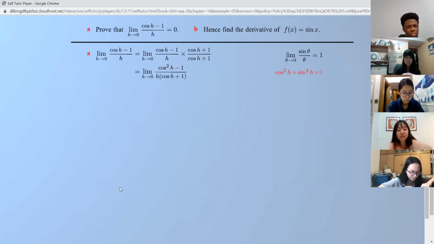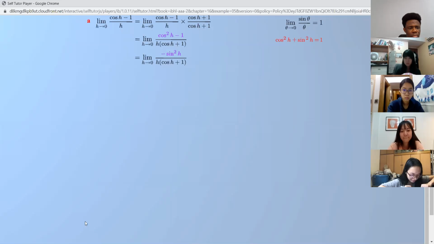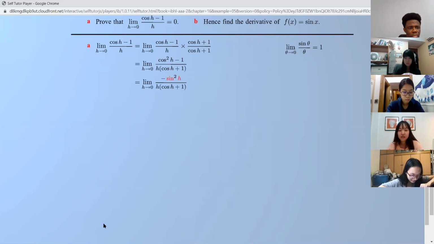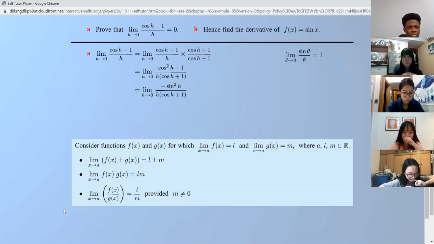From the limit laws, the limit of the product of two functions is the product of their limits, provided both limits exist. So, we have the limit of sine h over h, and all of the remaining factors go in the second limit. The first limit is the fundamental trigonometric limit.